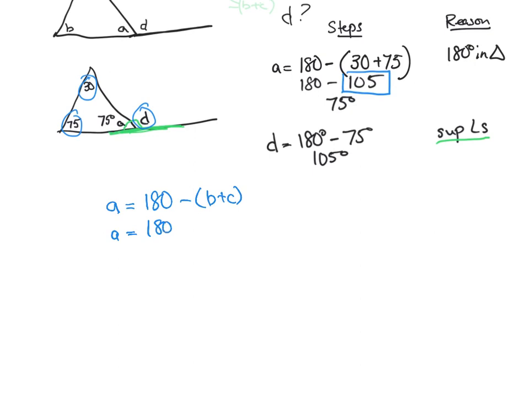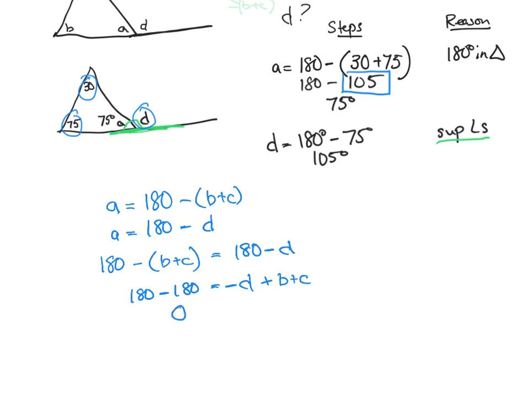So it would be 180 minus D. Since A equals A, we could say 180 minus (B plus C) is equal to 180 minus D. If we put all the variables on one side and all the numbers on the other, we end up with 180 minus 180 is equal to negative D plus B plus C. The 180s go away, so we have 0 is equal to negative D plus B plus C.